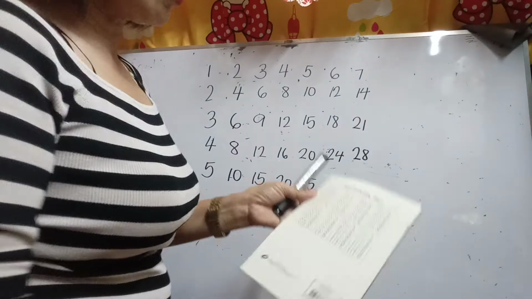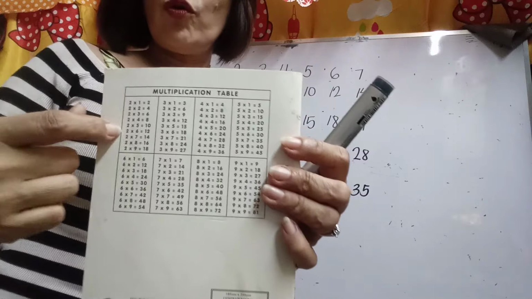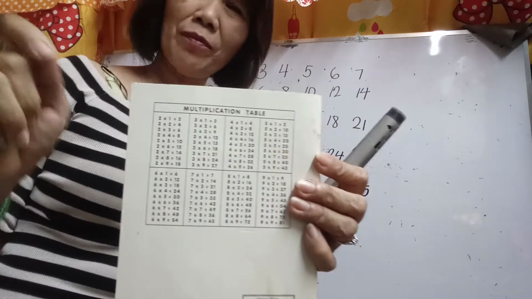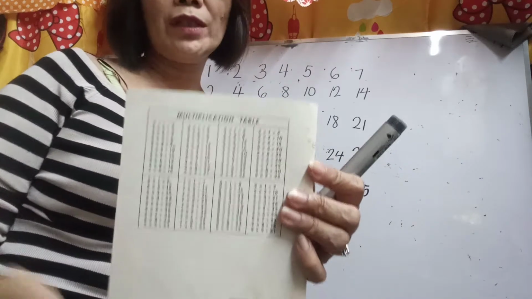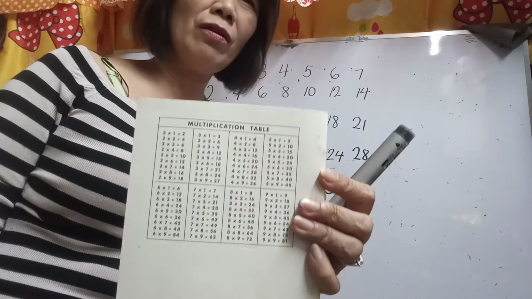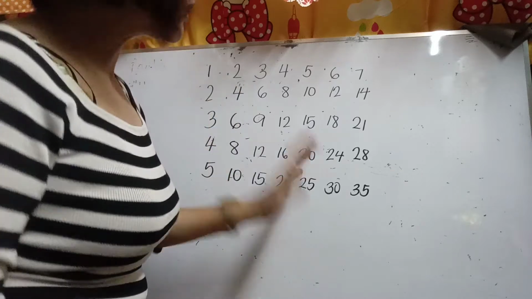Ito yung multiplication table wherein 1 times 1, 1, 1 times 2, 2. Masyadong mahaba, no? Very lengthy method. Unlike with this one, ito na yung pinaka i-memorize ninyo.